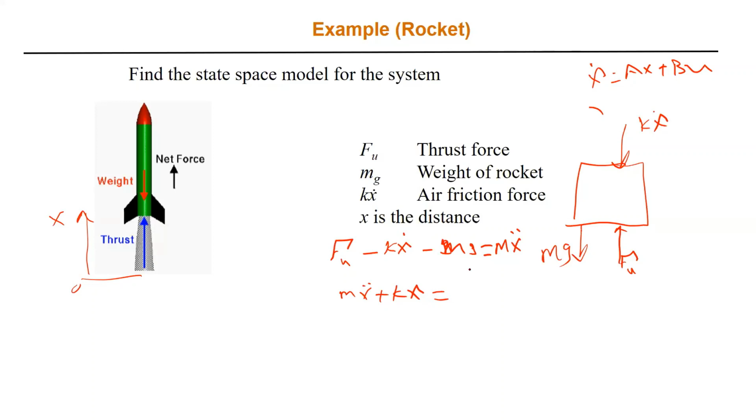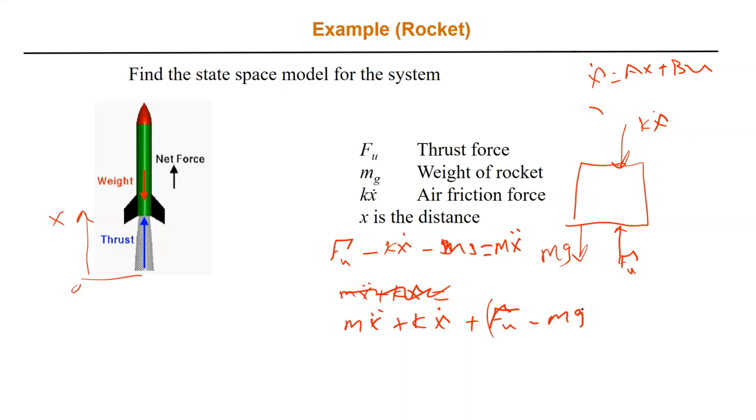Let me solve for x double dot. I have m x double dot plus k x dot, minus or plus f u, minus mg.